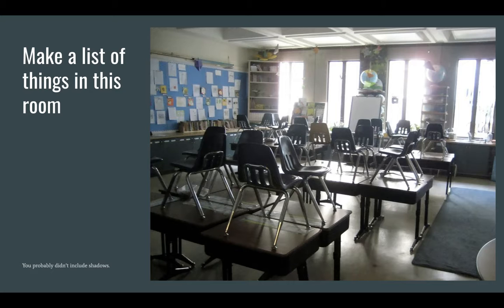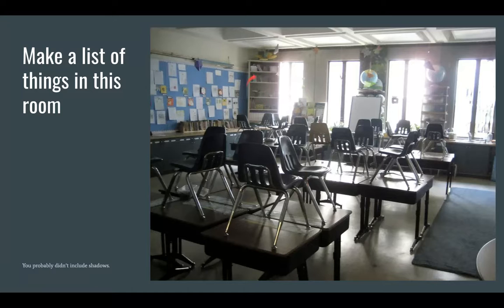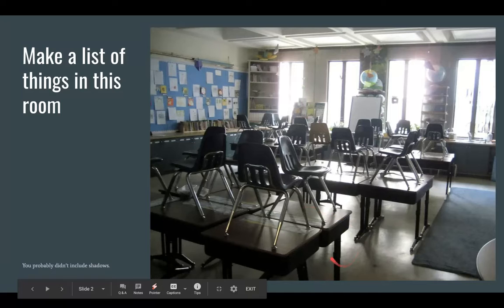So if I was going to ask you to make a list of things in this room, you'd probably say, oh, there's 17 chairs, there's some desks, there's a bookcase in the back, there's a bulletin board back there, there's an open bookcase here, there's a mini whiteboard, but you probably would not notice, oh, there's a shadow here, there's a shadow here, and some shadows on the ground, and light is reflecting off of the wax floor, and those kind of things.